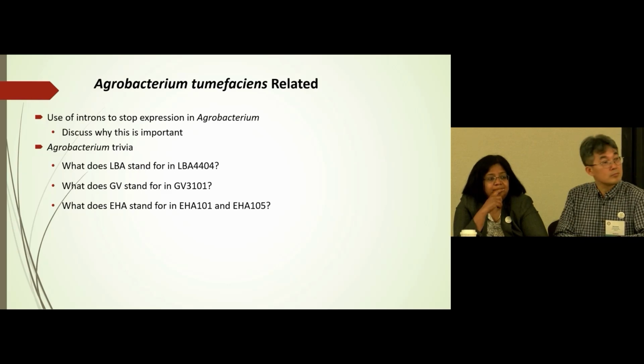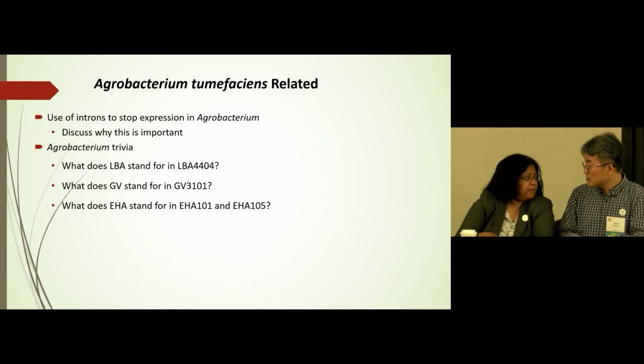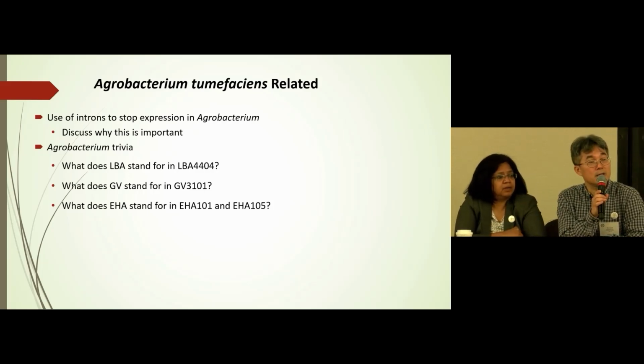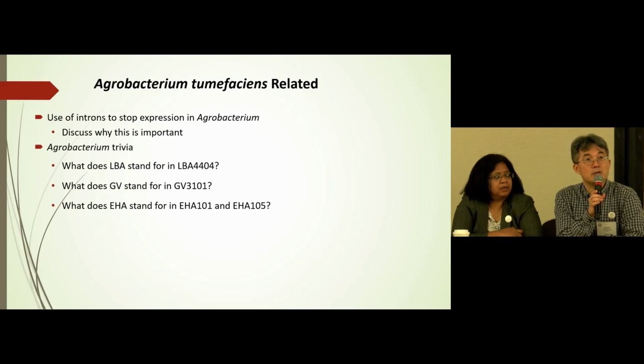Are there recA plus and recA minus AGL1 strains? Yeah, all AGL1 are recA minus. Okay, how about EHA105? For EHA105, we have a recA minus strain called EHA105TR. Oh, okay. But all AGL strains are recA minus, right? No. AGL1 is generated from AGL0. AGL0 is recA positive, but AGL1 is recA minus. Minus, okay. Yeah. Got it. Thank you.